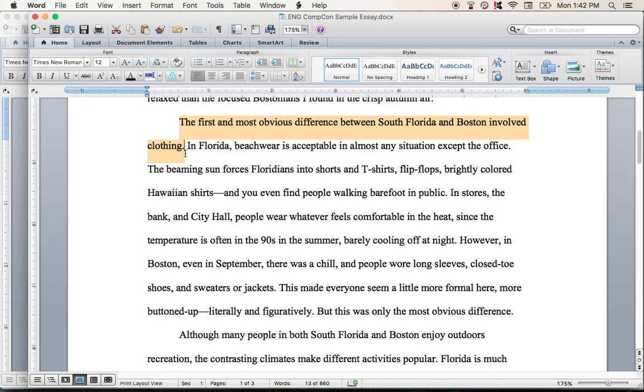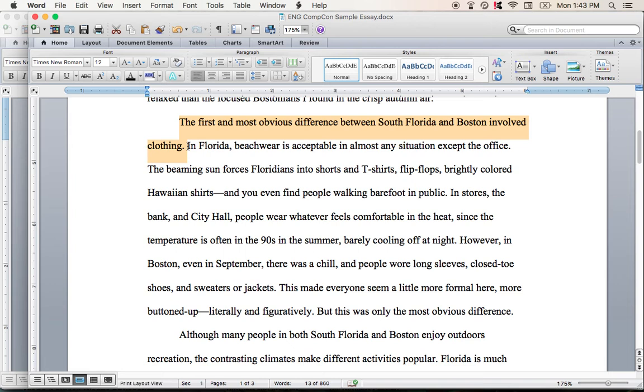As you will recall, the first sentence of a body paragraph that gives the main idea of that paragraph is called the topic sentence. So this is the topic sentence of this paragraph. And it states the main idea of the paragraph, which is there are differences between South Florida and Boston involving clothing.